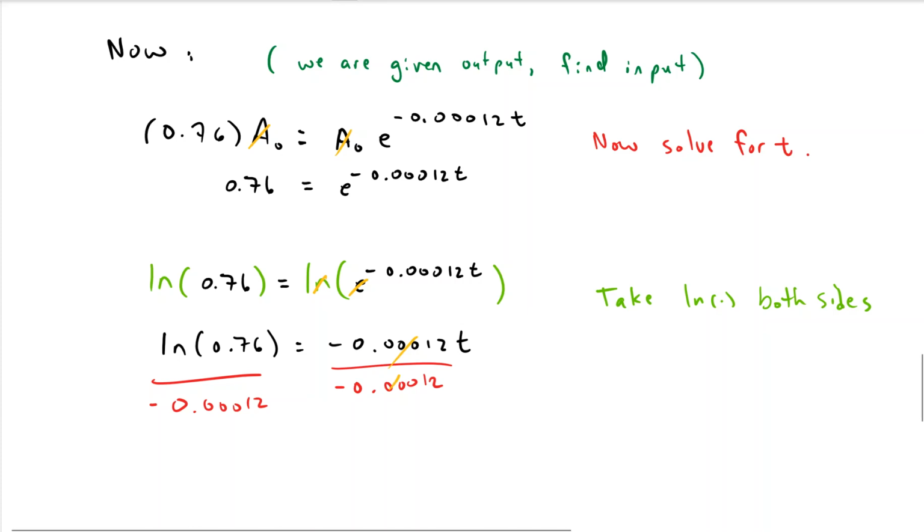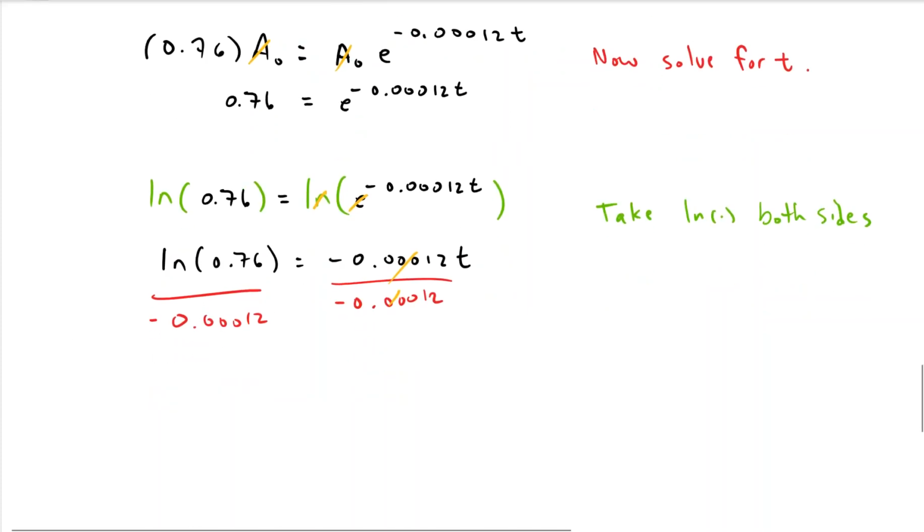The decay constant cancels on the right-hand side of the equation, and we have t equals the natural log of 0.76 over negative 0.00012. And what does that give us? What does t equal? We'll probably be approximating here, but let's find out what t equals.